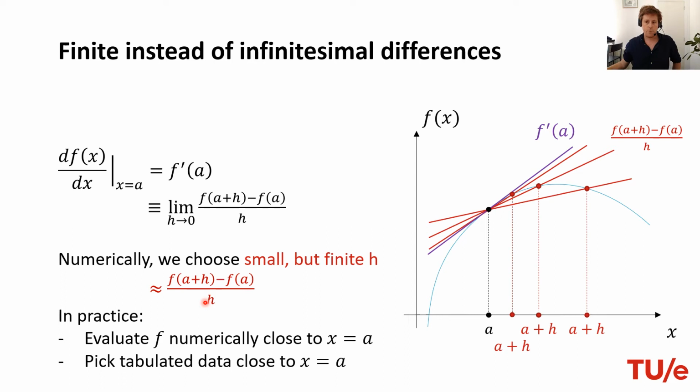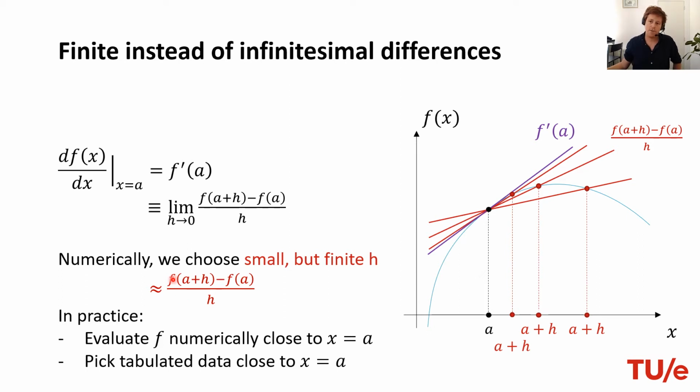So in practice, what we actually do is, based on the way in which f is presented to us. If we have a way of evaluating f numerically, then we will just evaluate f at an x which is sufficiently close to a. So we just take a small h, evaluate f there, and evaluate this expression.